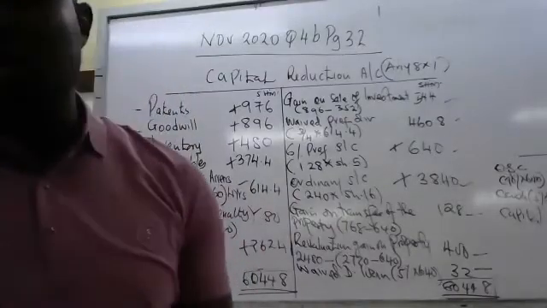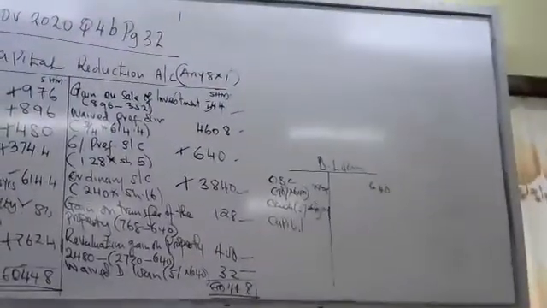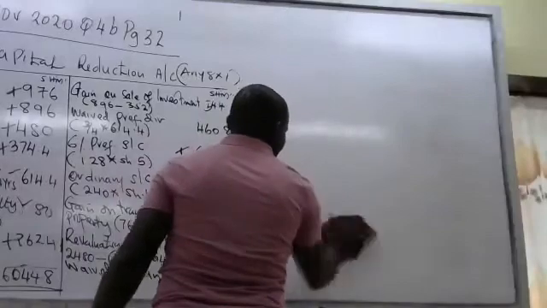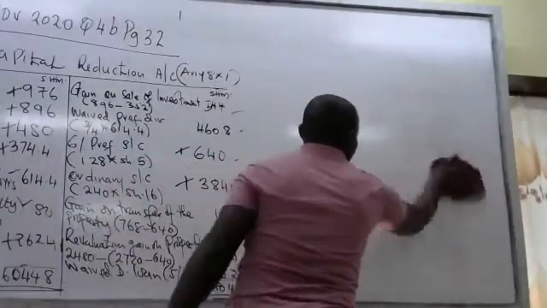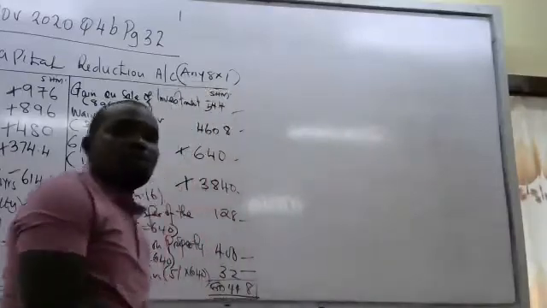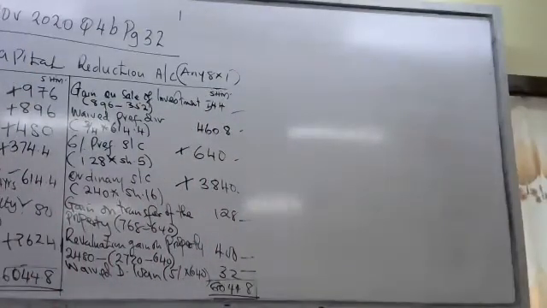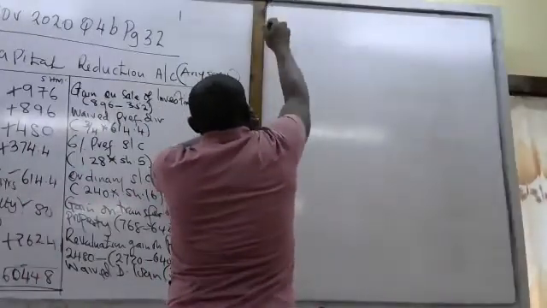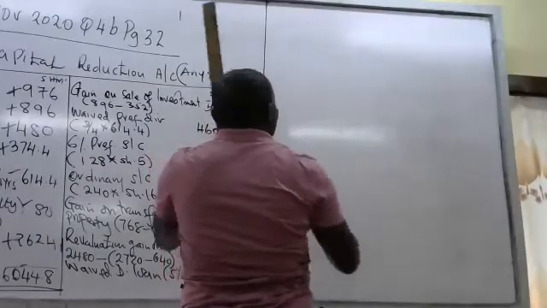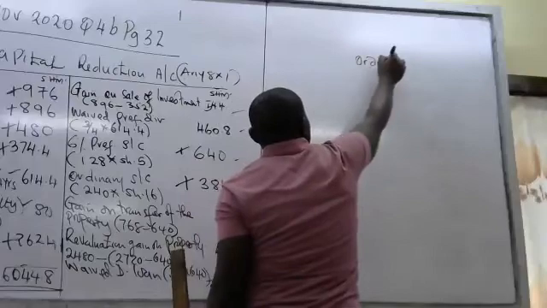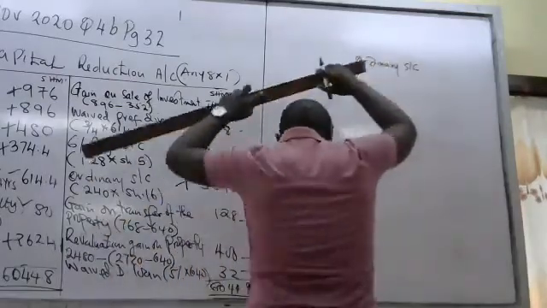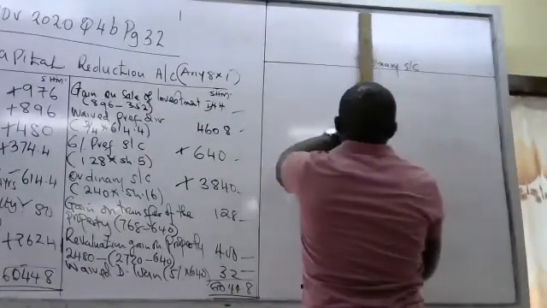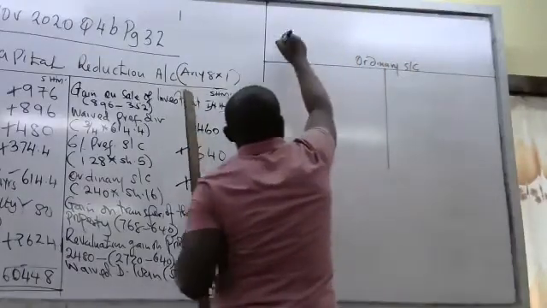Let's do the ordinary share capital account. Ordinary share capital account. This is just a working. You can do without, but you miss out the mark because you need to adjust.